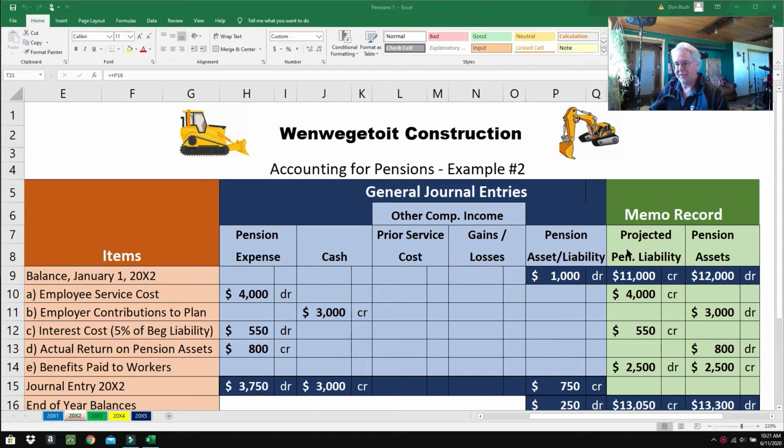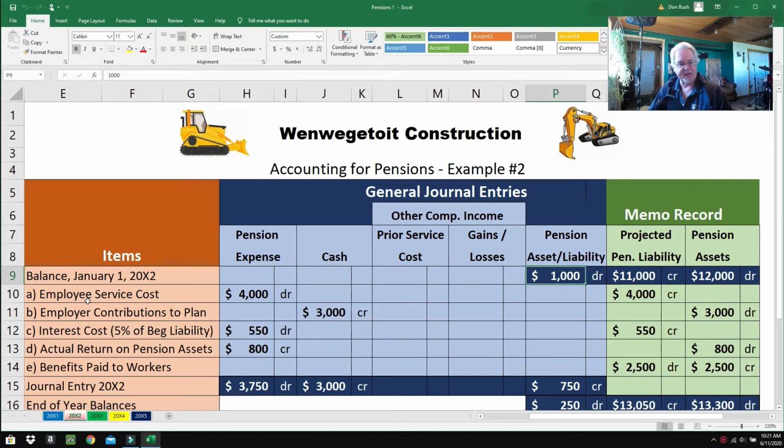The projected pension liability, which is the present value of the pension obligation here, is $11,000. So the difference between these two, if you take the $12,000 debit minus the $11,000 credit, you would get a $1,000 debit. And that is why this is a $1,000 debit. It simply represents what's going on over here in the pension fund.